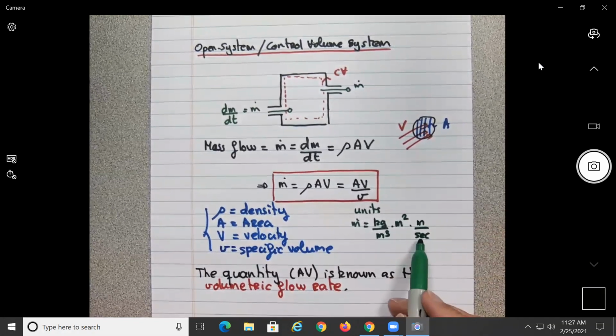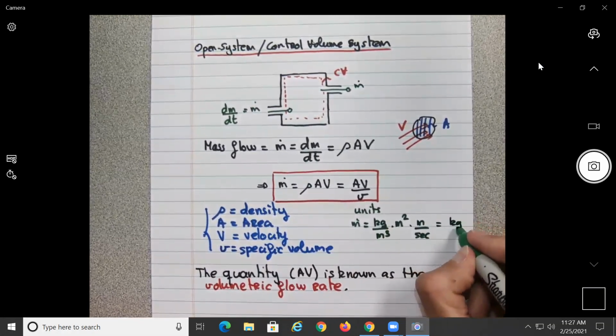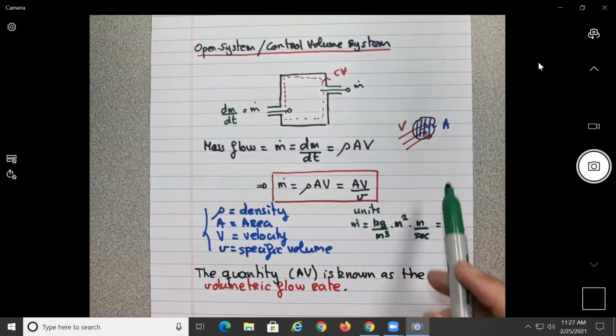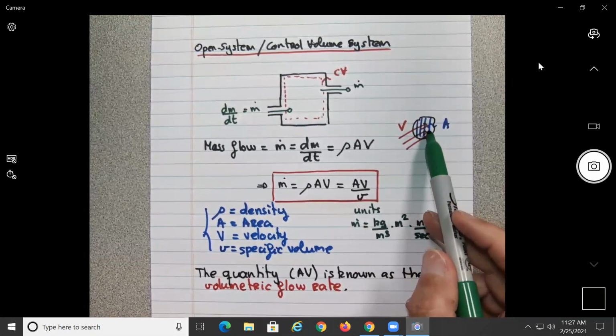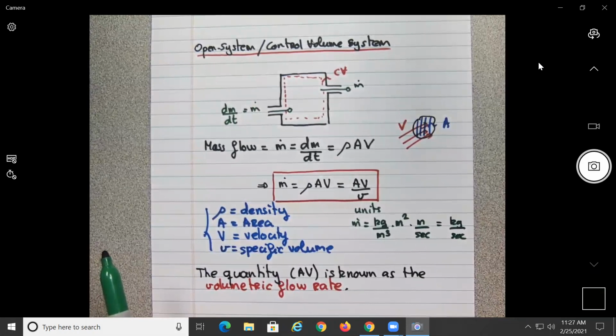I also write SEC for seconds because the letter S is reserved for entropy. So at the end, the units here will be kilograms per second, which is the amount of mass that's going to go through this area per unit time. So that is what the mass flow is.